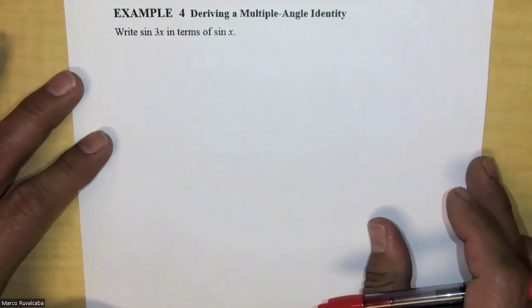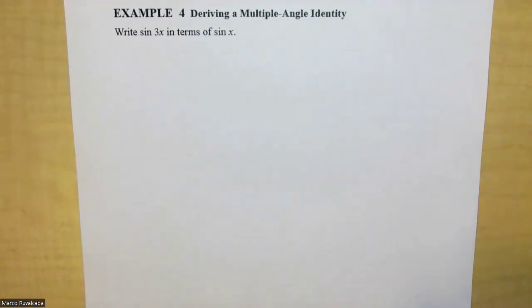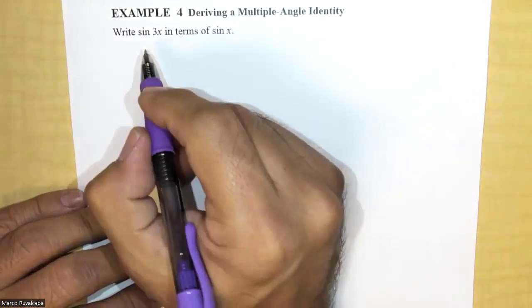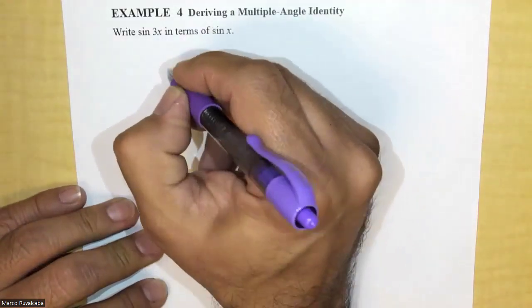Sometimes you want to write an expression that's in a multiple angle. This one's a triple angle, 3x, but you want to write it in terms of a single angle. And you use double angle identities, right? A multiple angle identity. So let's do that for this one. We want to write this in terms of just sine x.